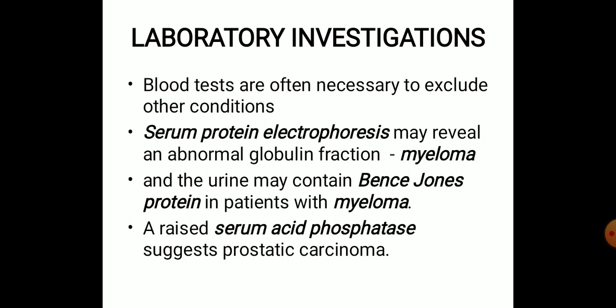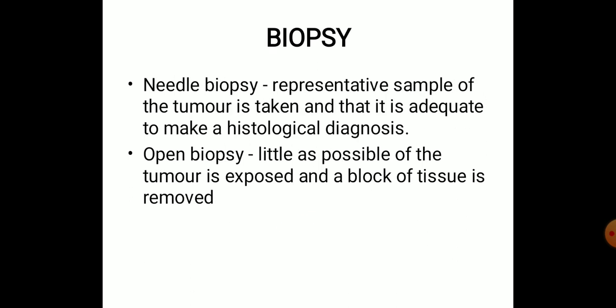So if there is a high globulin content, it can be indicative of myeloma. And the urine may contain Bence-Jones protein in patients with myeloma. A raised serum acid phosphatase is suggestive of prostatic carcinoma. So these are the basic indicators which we look for in blood tests.